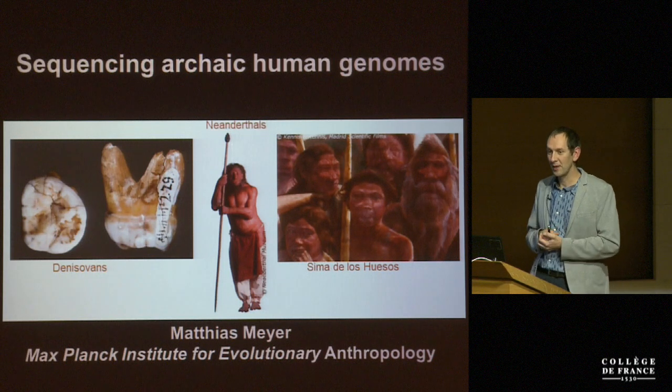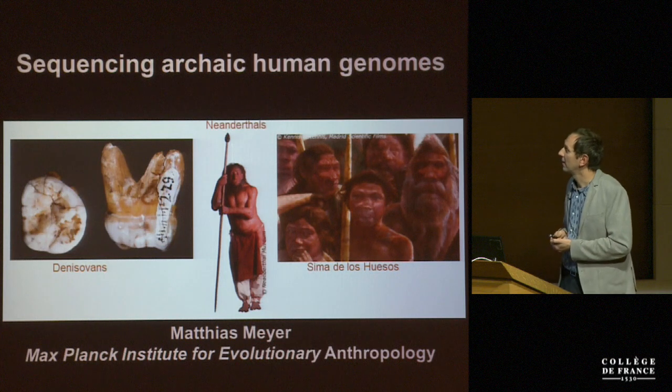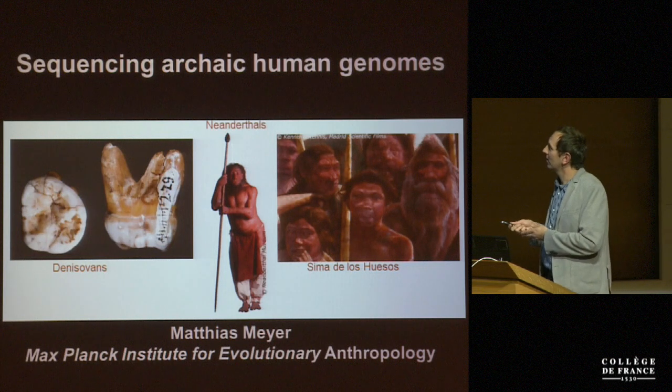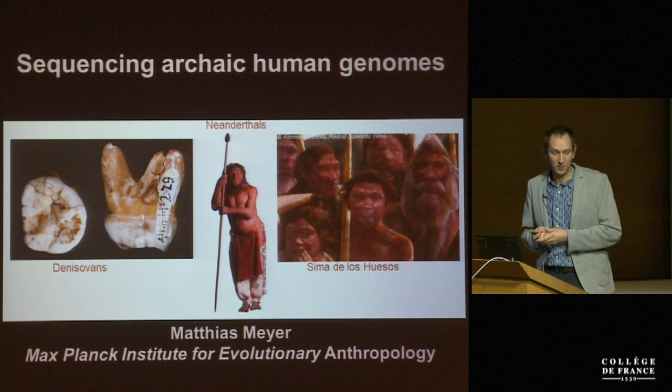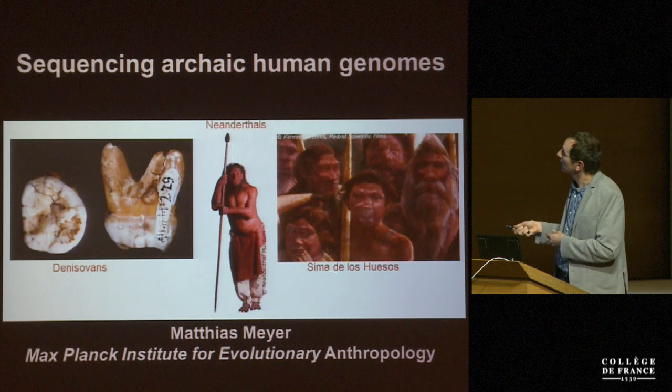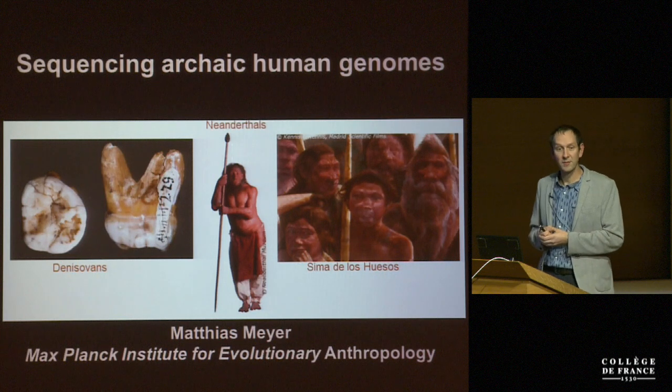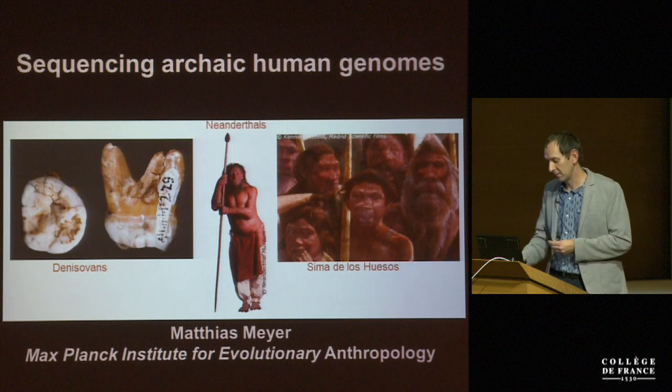The main characters of this talk are the Neanderthals, known by everyone, of course, the Denisovans that have been mentioned just before, as well as a particular group of people from a cave in Spain, from Sima de los Huesos.